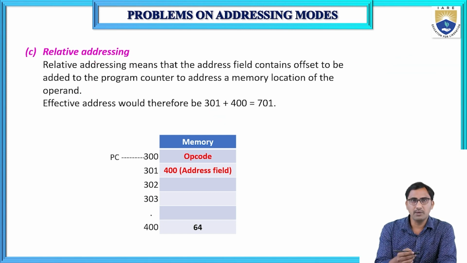Next one, relative addressing mode. In relative addressing mode, the address field contains the offset to be added to the program counter to address the memory location of the operand.